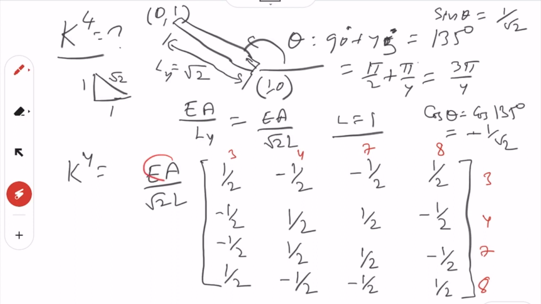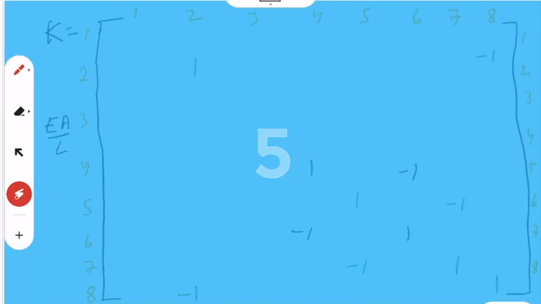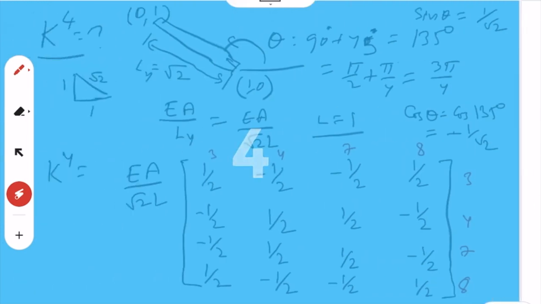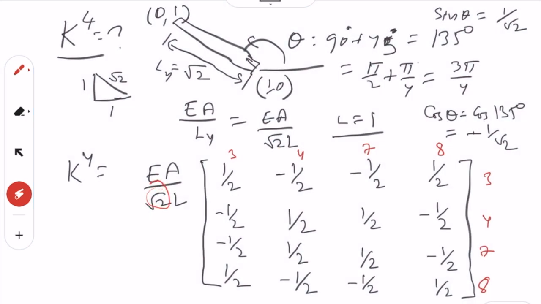So, EA over L is common. So, we will write 1 over 2 root 2 and so on. 3, 4, 7, 8, half, minus half, minus half, half. Okay, that is what I am going to write. Of course, we will have root 2 as well.